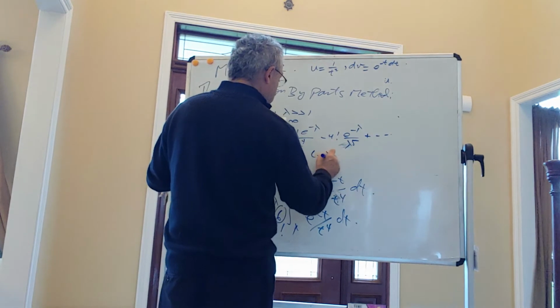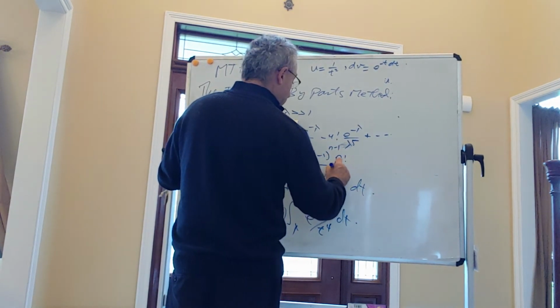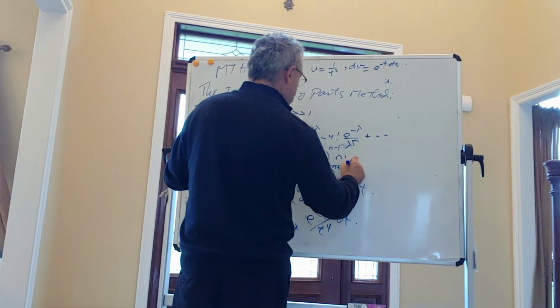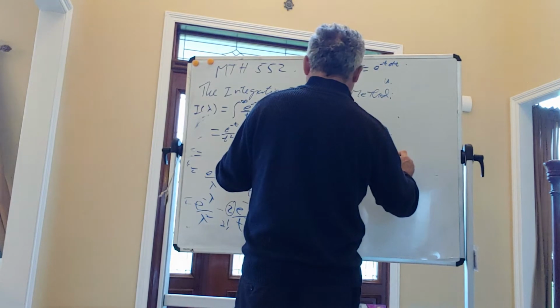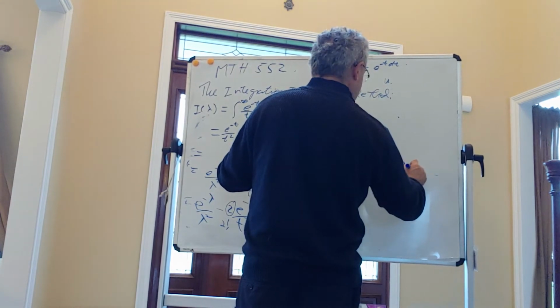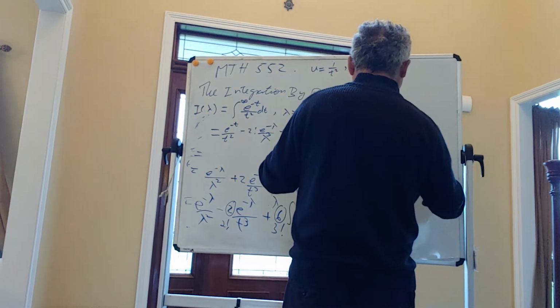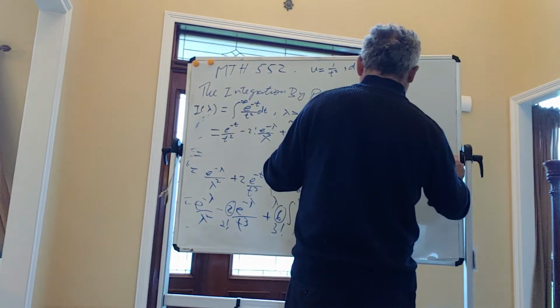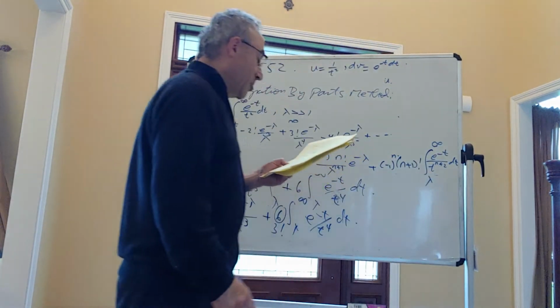And this is going to be minus 1 to the n minus 1, n factorial over lambda to the n plus 1 e to the minus lambda, plus minus 1 to the n plus 1 factorial times the integral from lambda to infinity of e to the minus t over t to the n plus 2 dt. So this is what you're going to have.